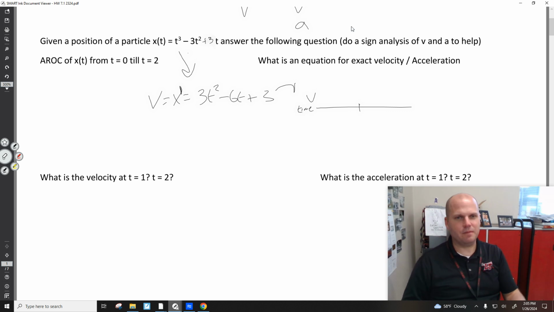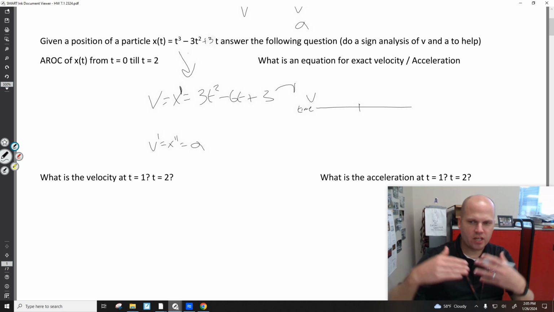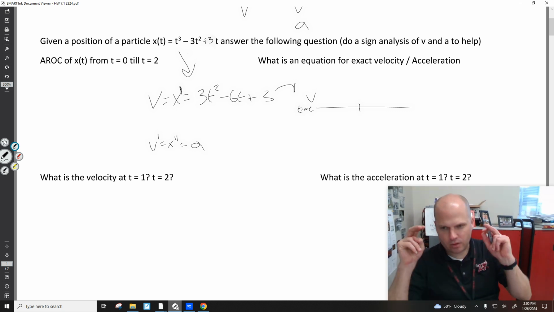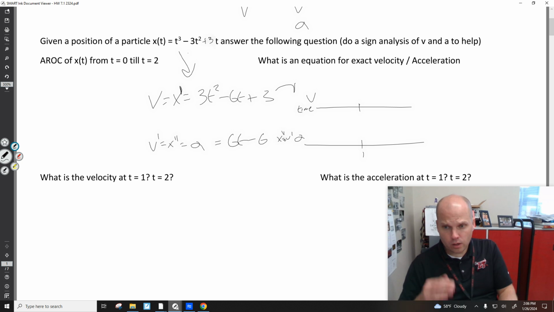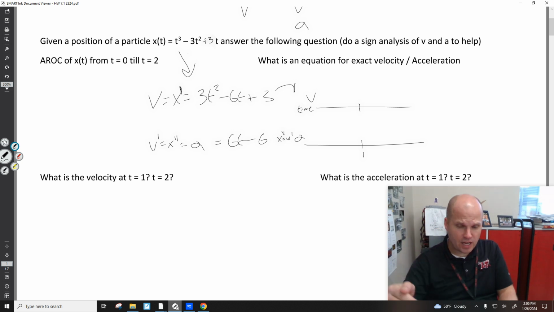Let's see if we can figure it out. I'll show you. We could take the derivative of this and realize, oh, a rate of change of a rate of change of position, physicists have called acceleration. Okay, now let's say we wanted to do a sign analysis. Cool. This is a second derivative sign analysis, or it's the derivative of v sign analysis.